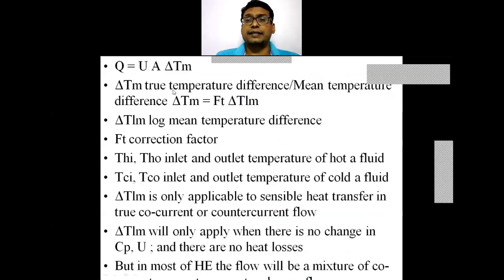You have to remember that the true temperature difference, or the mean temperature difference, is equal to Ft into delta TLM, the log mean temperature difference. This is applicable when there are more passes, or else delta Tm will be equal to delta TLM.